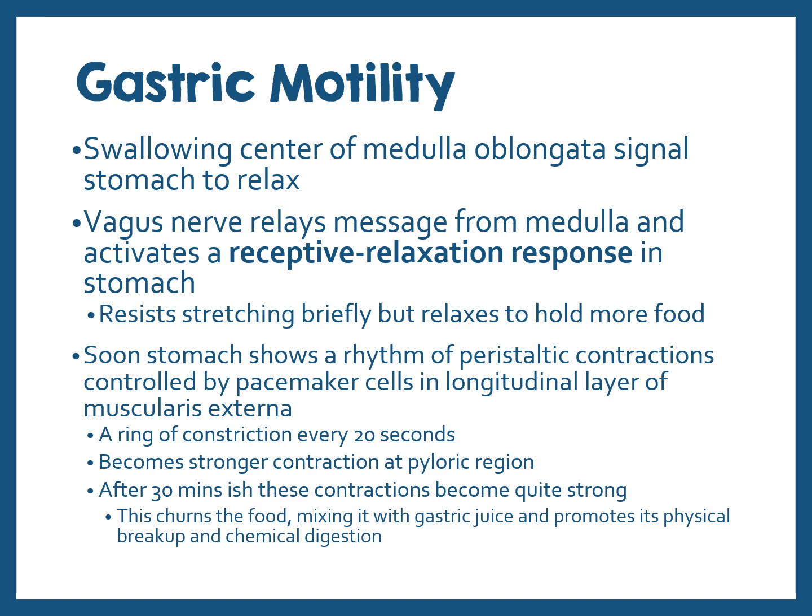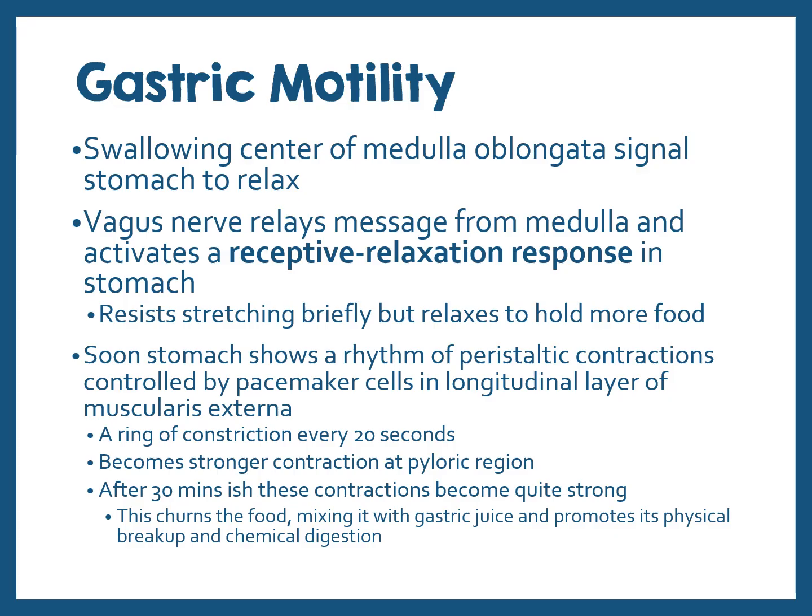The vagus nerve is what's going to relay the message from the medulla oblongata, and it will activate a receptive relaxation in the stomach. So there will be a brief stretching, but it will end up relaxing so that the stomach can hold more food.